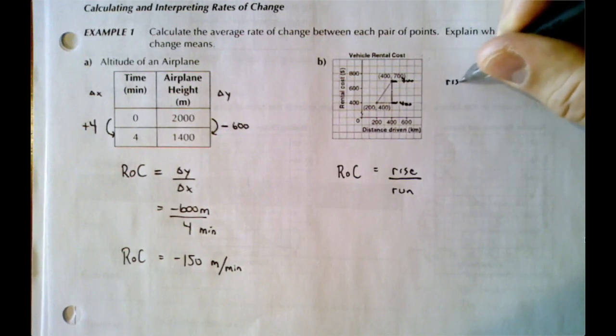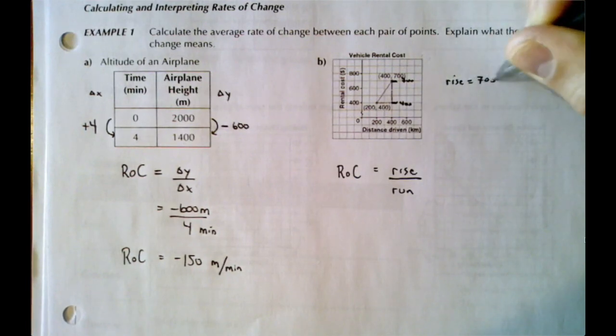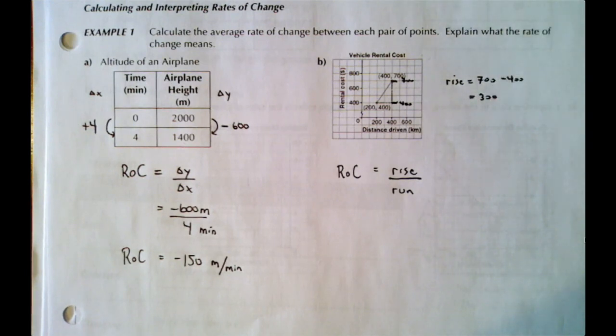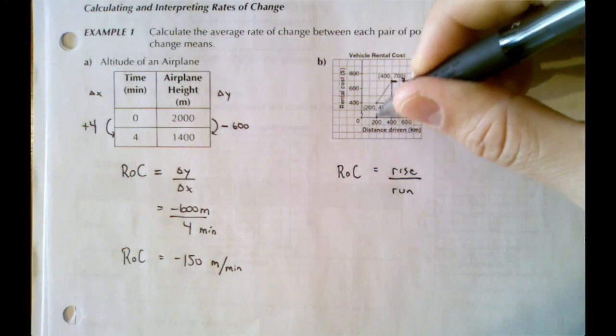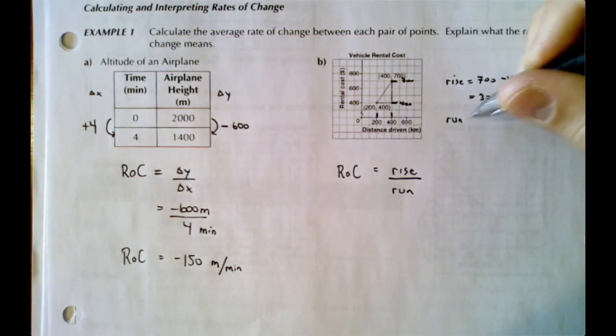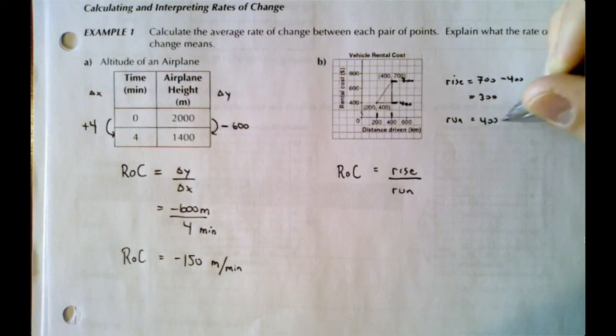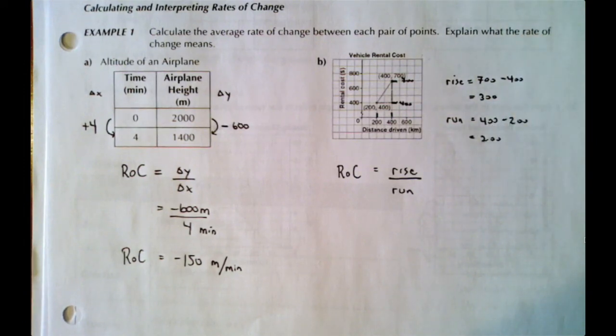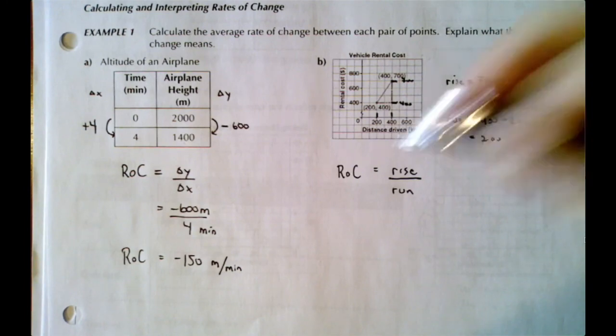So our rise would be 700 minus 400 because we're going up. So our rise is 300. Our run is going from 200 to 400. So again, going up. So our run is 400 minus 200, which is 200. So now we got our rise and run.